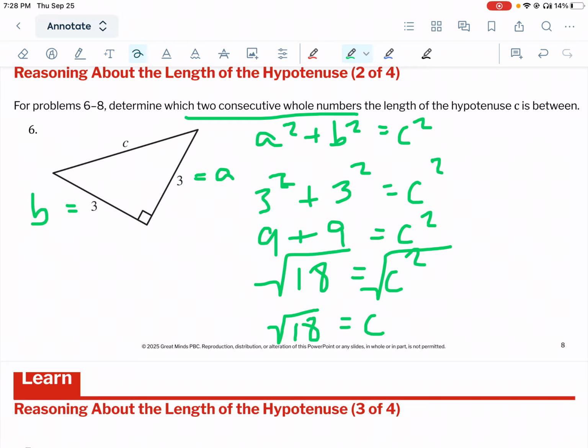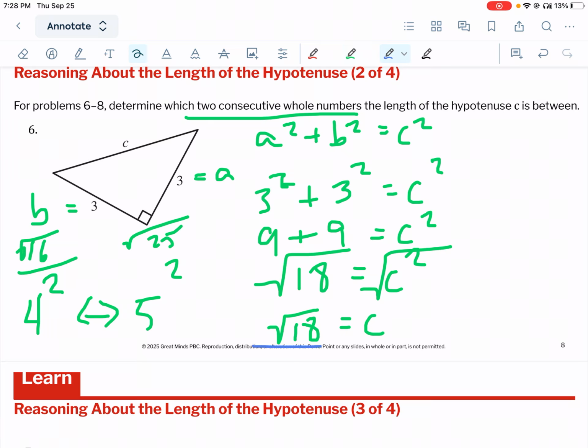18 will sit in between the numbers 16 and 25 on a number line, in between perfect squares. Okay? So if I was to do 4 squared, which is 16, and somewhere between 5 squared, which is 25, that's where this 18 square rooted will sit.